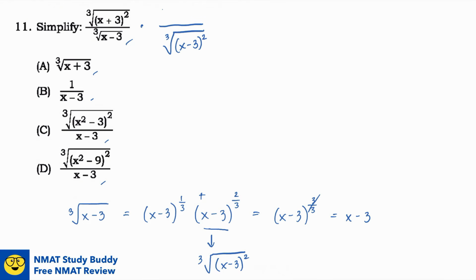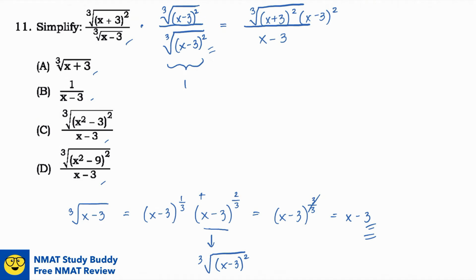Since nagmultiply tayo ng ganong value sa denominator, kailangan magmultiply din tayo ng cube root of x minus 3 raised to 2 sa numerator para itong part na to is 1. So, nagmultiply lang tayo ng 1 dun sa given. So, kapag nagmultiply na tayo ng 1, yung denominator equal na siya sa x minus 3, as we said earlier. And then, yung numerator, ang kakalabasan niya is cube root of x plus 3 squared times x minus 3 squared.